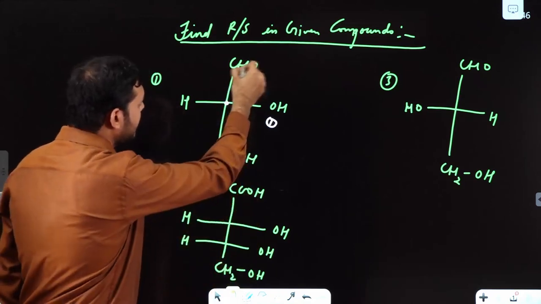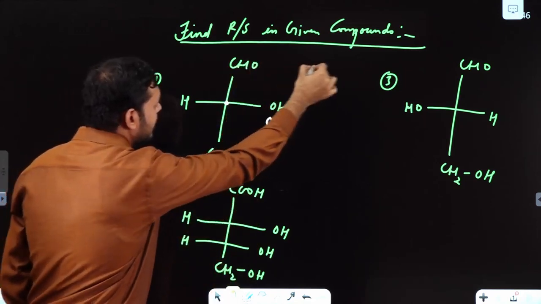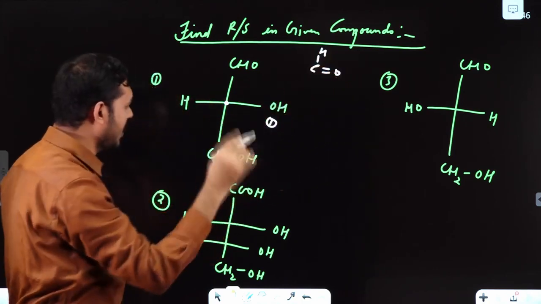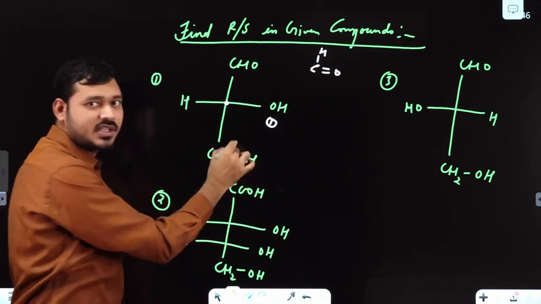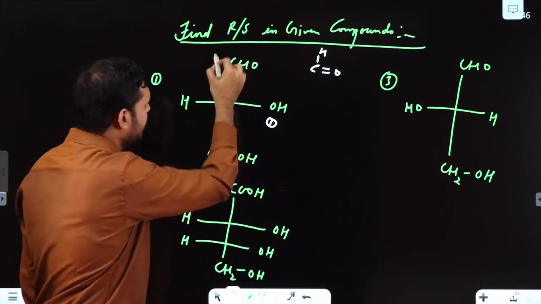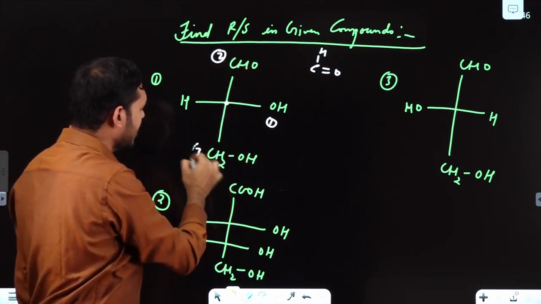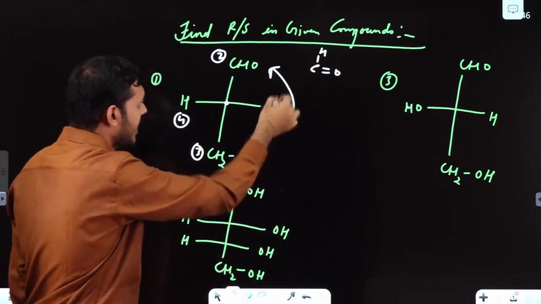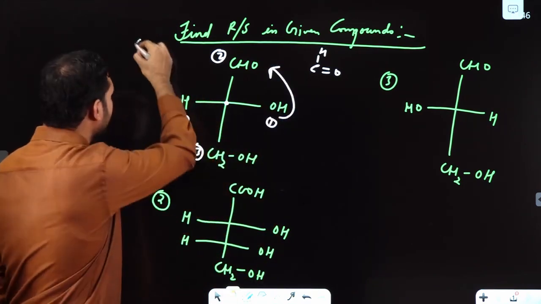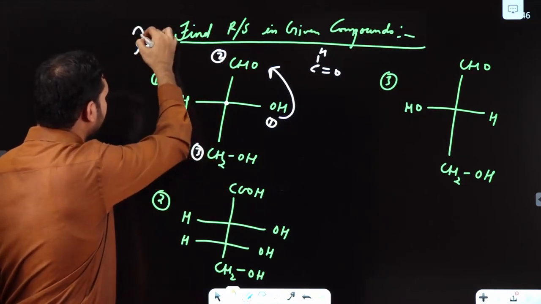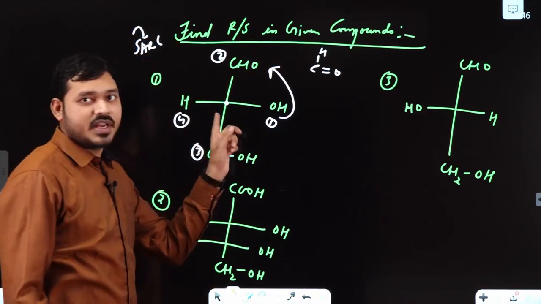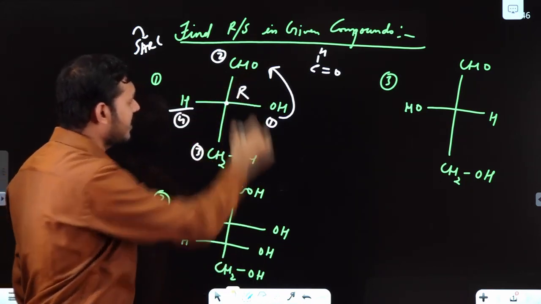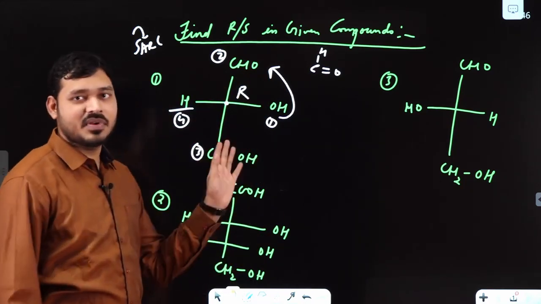Here this part is C double bond O and H, meaning carbon is connected with 2 oxygens hypothetically, whereas here carbon is connected with 1 oxygen. So this will be second priority, this is third priority, and this is fourth priority. Now, as it is anti-clockwise, using the shortcut we can say S configuration, but the lowest priority is on the horizontal line, so it is R configuration. Clear to all of you?